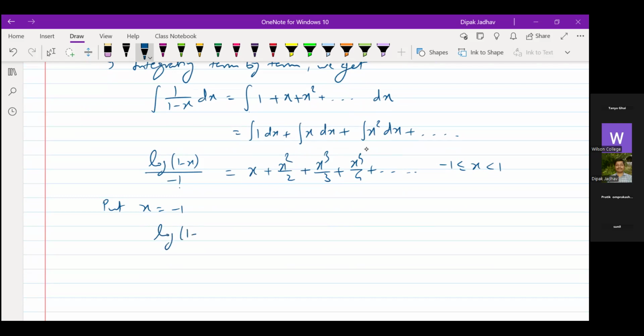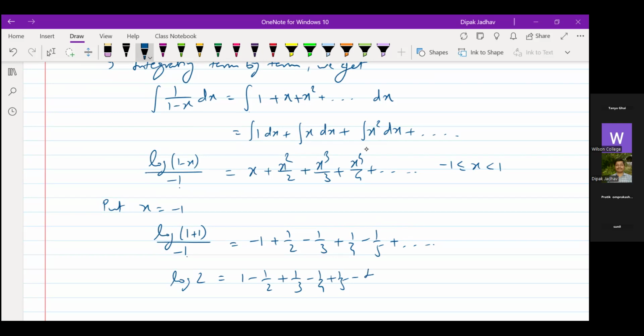Log of 1 minus minus 1, divided by minus 1, is equal to minus 1 plus 1 by 2 minus 1 by 3 plus 1 by 4 minus 1 by 5 and so on. Transfer this minus sign to that side. You'll have log 2 is equal to 1 minus half plus 1 by 3 minus 1 by 4 plus 1 by 5 minus 1 by 6 plus and so on. Is it okay?